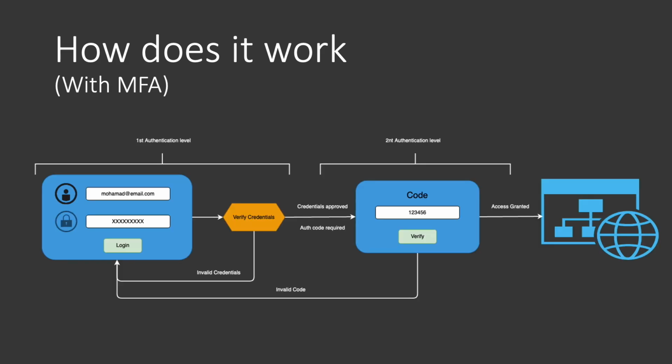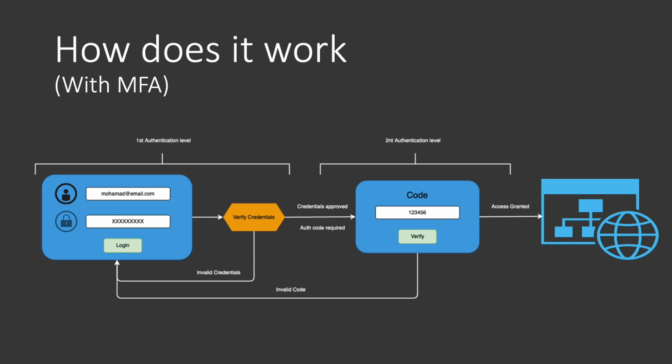But with multi-factor authentication, things change a bit more. So let's take it step by step. The first step is that we have the user who's trying to access the system, and they're utilizing their credentials, which is basically the username and the password. Once the user inputs the username and the password and clicks on the login button, they are sent to the verification process of those credentials.